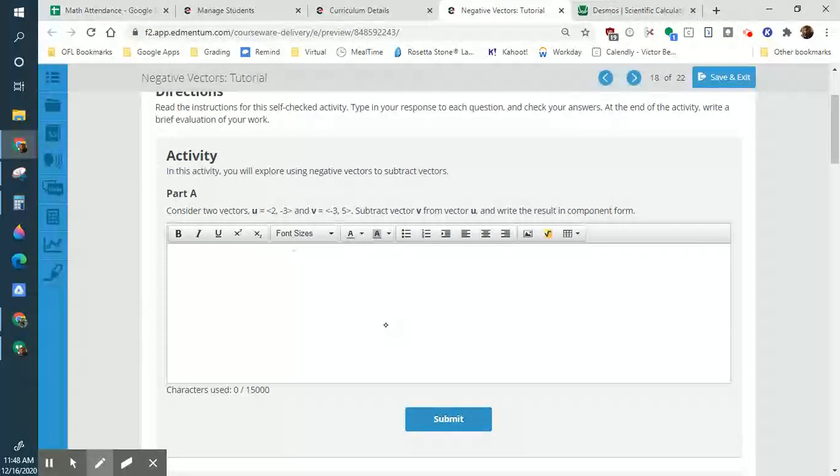We have 2 minus negative 3, and then negative 3 minus 5. So we end up getting, the negative and negative is a positive, positive 5. Come on, wake up, Victor. And negative 8. So that's going to be the resulting vector.